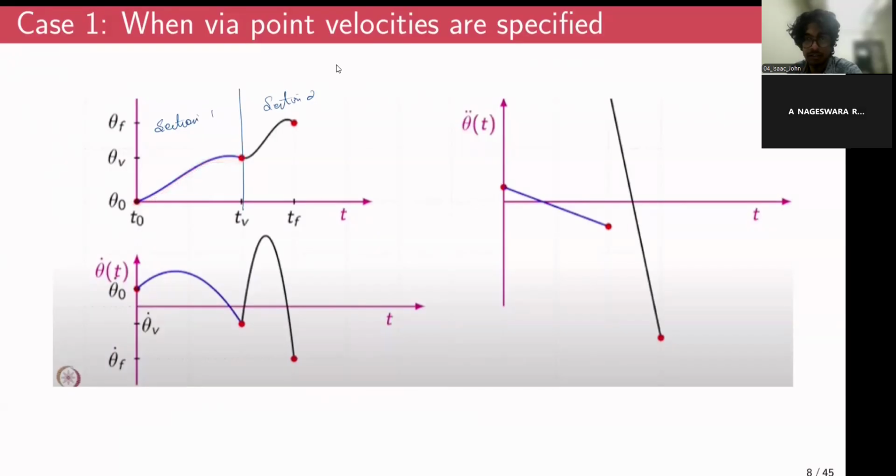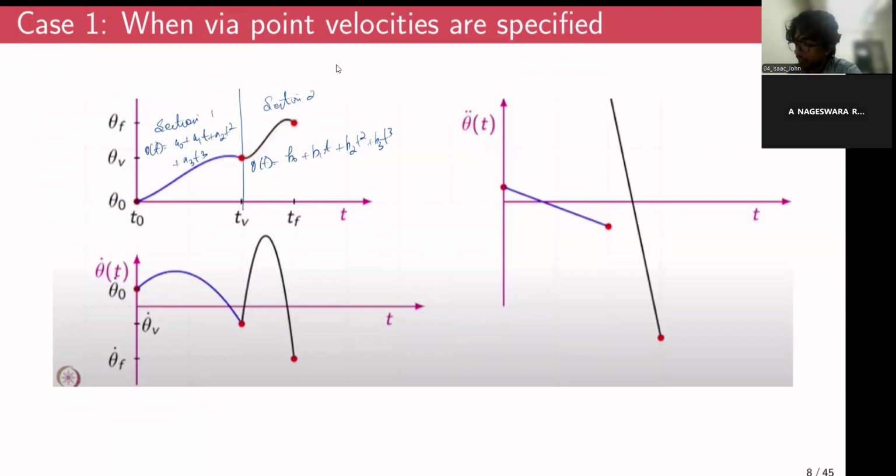The first section would be governed by maybe theta of t equals a0 plus a1t plus a2t square plus a3t cube. And the second section would be governed by another equation. Maybe theta of t would be b0 plus b1t plus b2t square plus b3t cube. It'll essentially be completely independent.